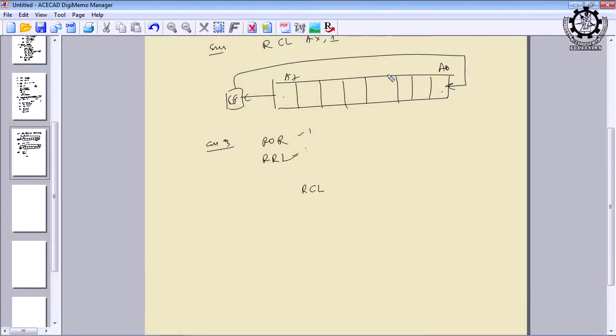Okay, we can write a small program. It is not a program, but a program segment. RCL AX, 1; MOV CL, 02; and RCL AX, CL. What is the meaning of this? Rotate the accumulator left by 1 bit position with carry or without carry?